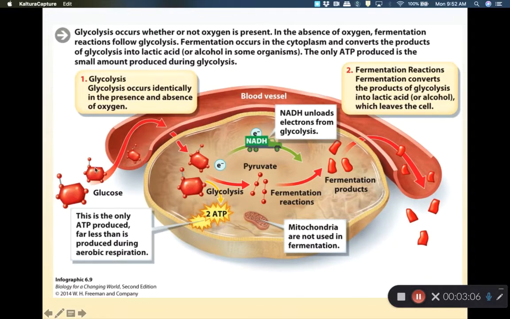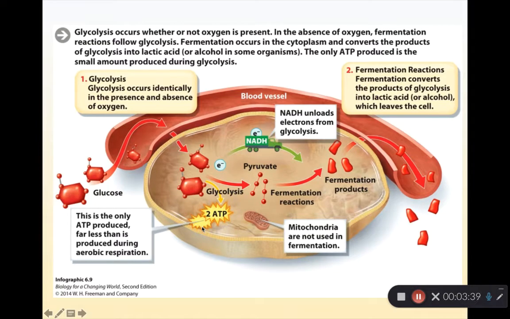In this case, we have glucose entering, glycolysis occurring, and NAD plus becoming NADH as it gains electrons, which then reacts with pyruvate to create these fermentation products, either lactic acid or alcohol, which then leaves the cell. And in this process, a smaller amount of ATP is replenished.